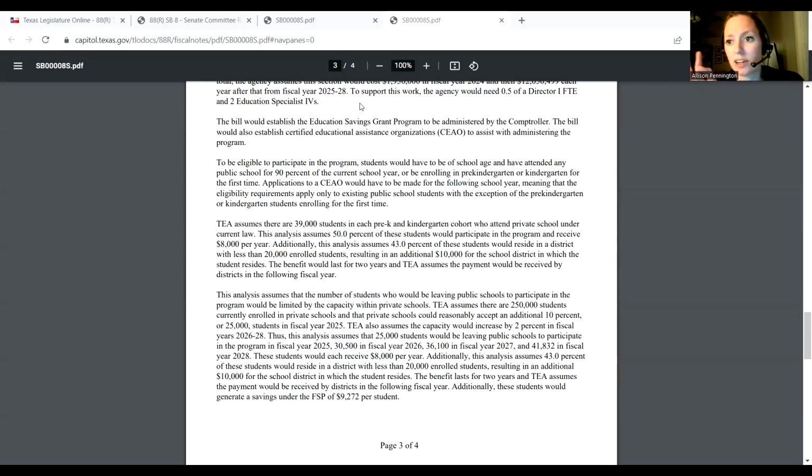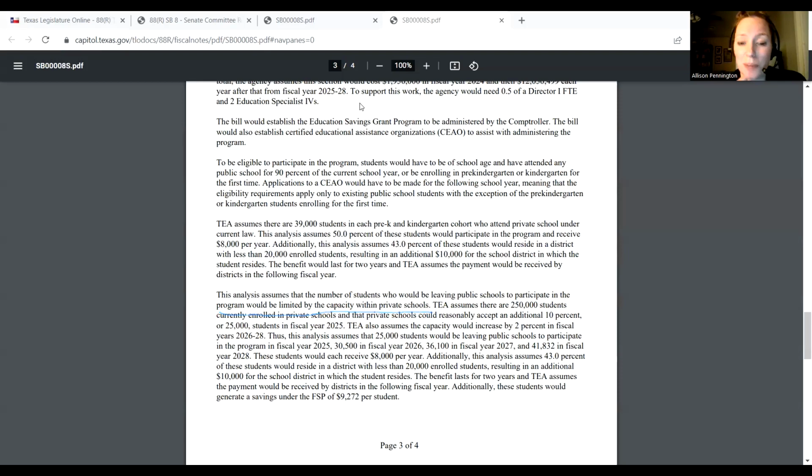Okay, so that's our option 2 group, who would just be going to private school straight away. The next paragraph focuses on the option 1 group, which is kids who started off in public school and are now leaving to be educated privately. And again, a really important point here in this first paragraph, this assumes the number of students who'd be leaving public schools to participate in the program would be limited by the capacity within private schools.